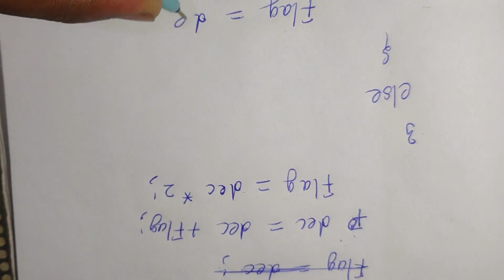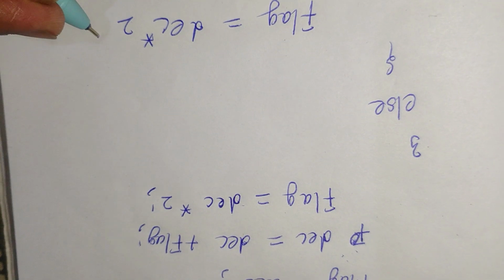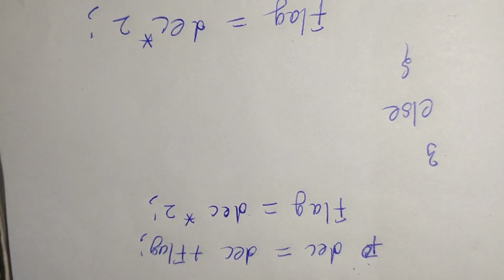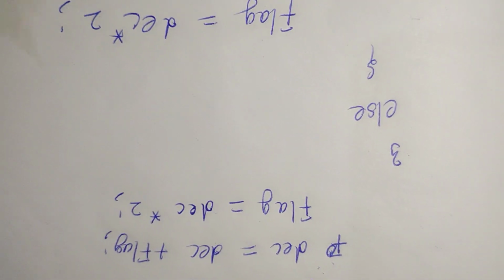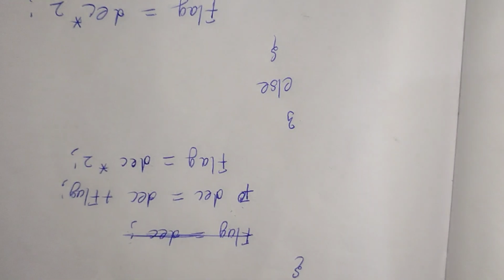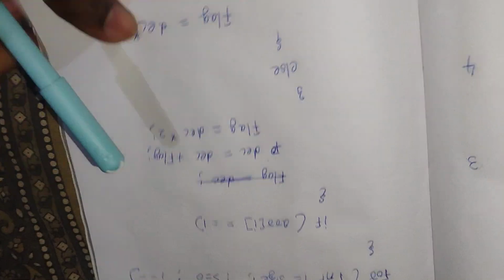Flag is equal to flag into 2. So this is how the flag value gets updated for each iteration. Close bracket. So this is how we can write the function.